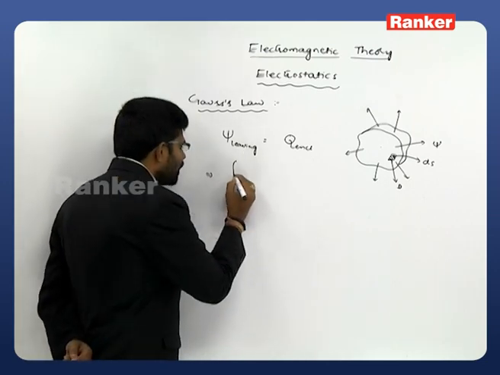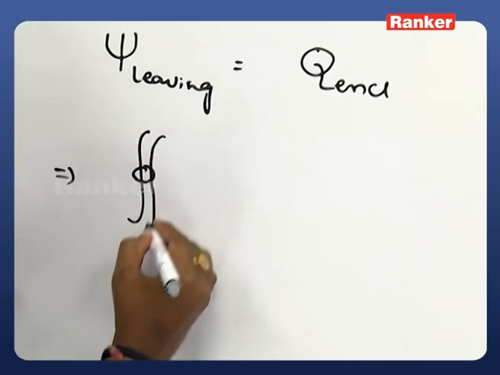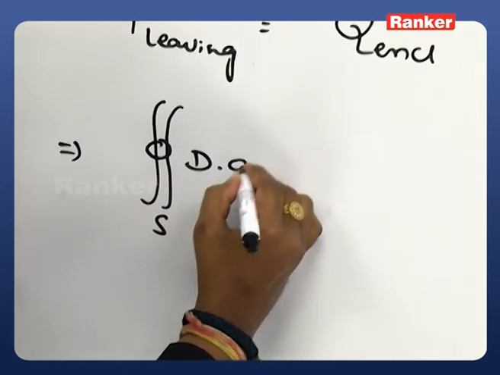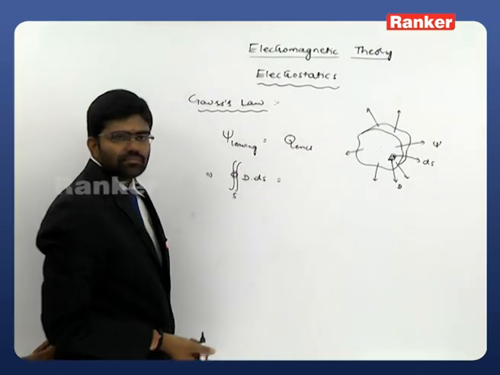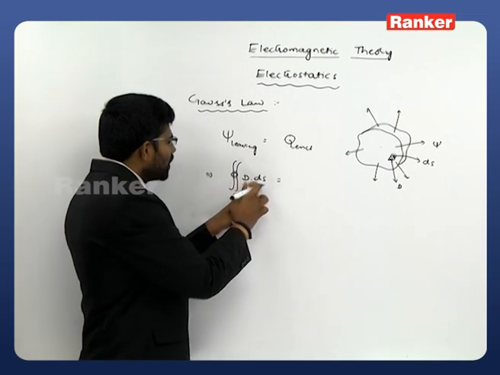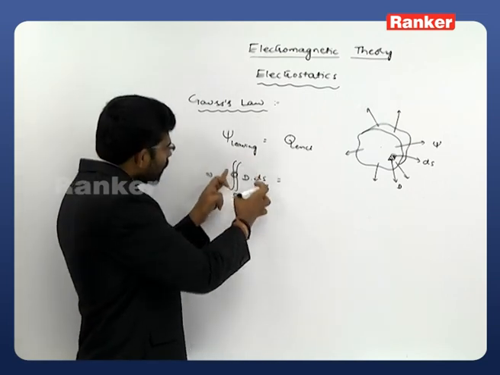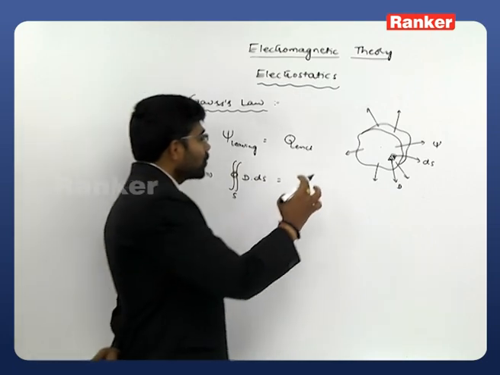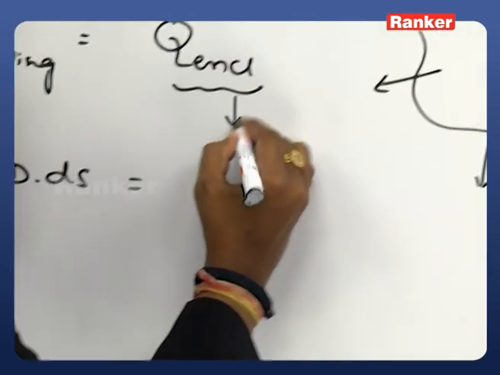So this can be calculated as the closed surface integral of D dot ds. For the closed surface, if you integrate D with respect to ds, what we get is the total flux leaving.